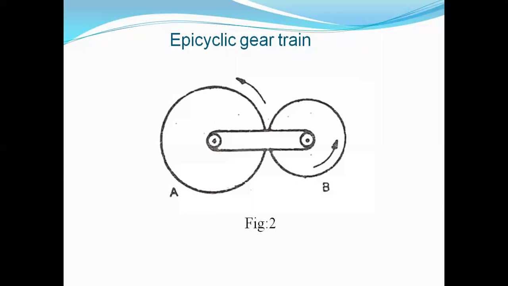Now we are moving to the last topic, that is epicyclic gear train. This is the arrangement of an epicyclic gear train. Here this is gear A and this is gear B. These two are connected with an arm. Here the rotation is not like this.